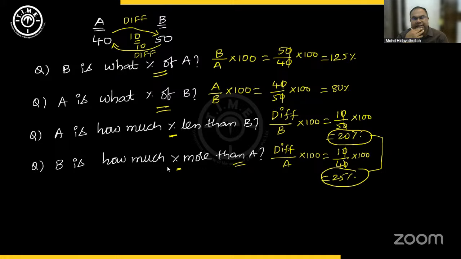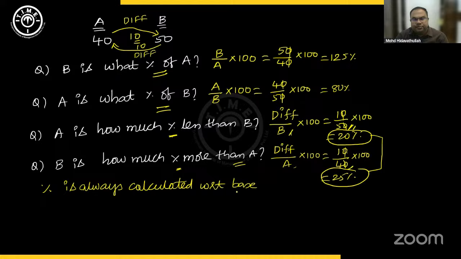Why? Because in both cases the difference is the same, 10 and 10. This 10 I am calculating with respect to 50, that is B. This 10 I am calculating with respect to 40, that is A. That means percentage is always calculated with respect to a base value or reference value.